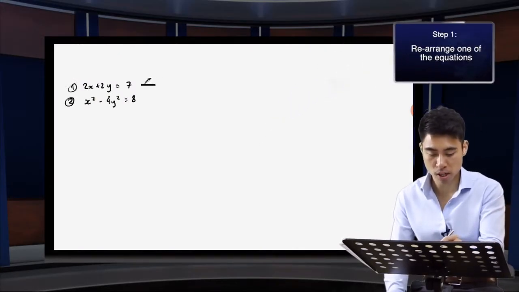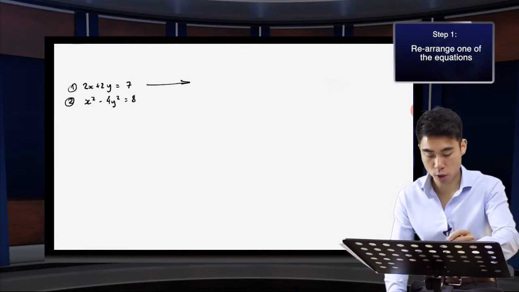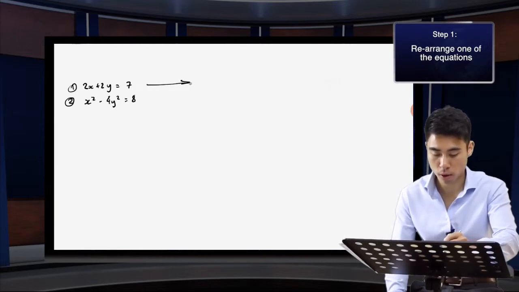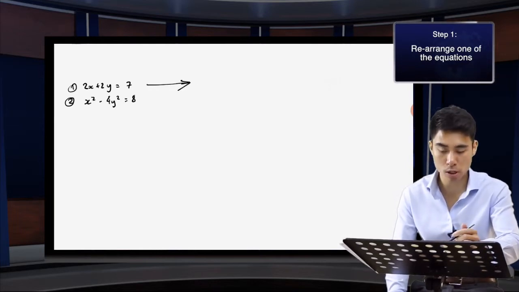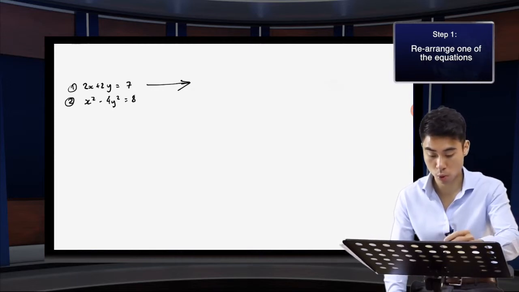But in terms of my steps, step 1 is exactly the same. So I'm going to choose my linear equation. I'm going to make x or y the subject of this equation. So if you're being smart about this, you'd actually make x the subject here, because then you wouldn't have to deal with this 4 in front of your squared term.